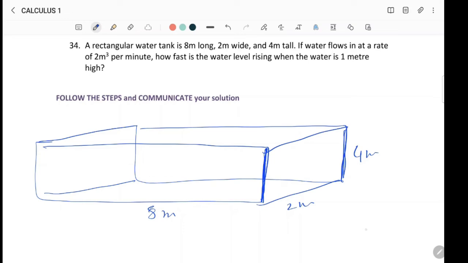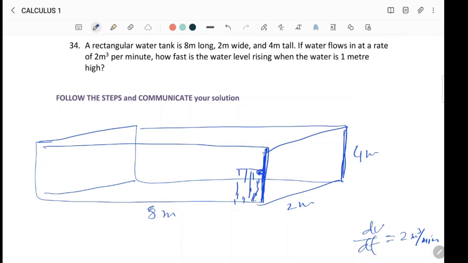So guys, dV over dt, since water is coming in, the volume will increase, 2 meter cube per minute. How fast is the water level rising when the water is 1 meter high? In general, I'm considering suppose water is here. This much is the height of the water.